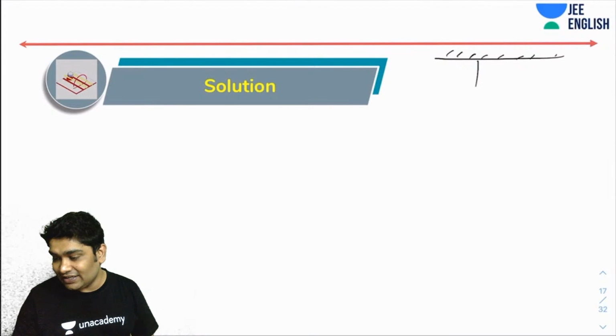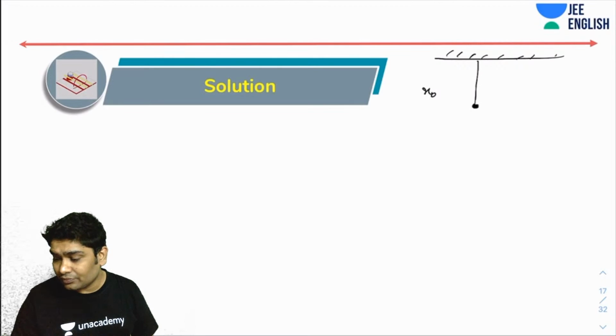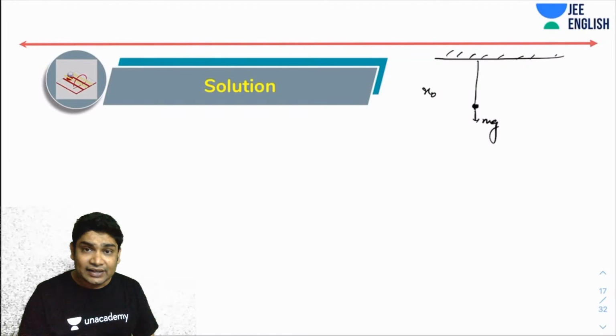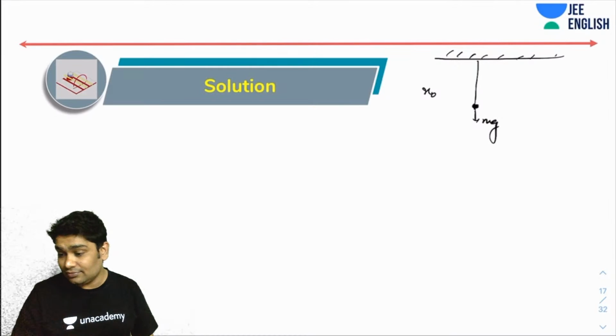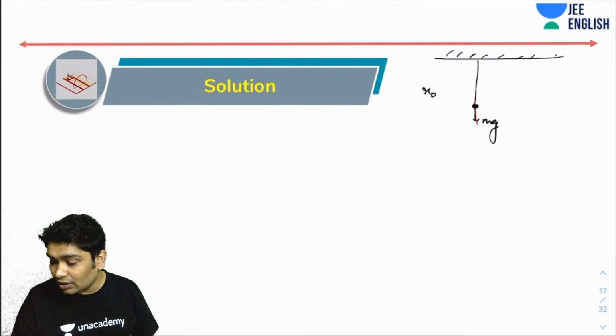So first, let's imagine that this had some extension. It had some extension of x naught already when this ball was hanging. And once you start applying a force which is increasing gradually, it will slowly stretch. It will slowly stretch up to a point where it will be in equilibrium again, where the force becomes F naught.